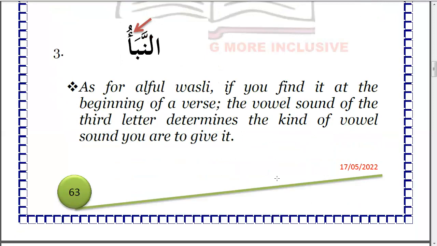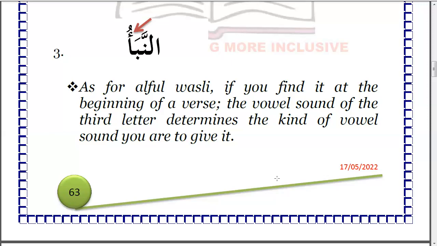The following are the features of alif al-wasli. In the case of alif al-wasli, the vowel sound of the third letter determines the vowel sound you must give to alif al-wasli.